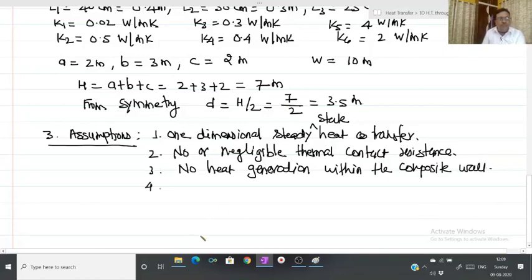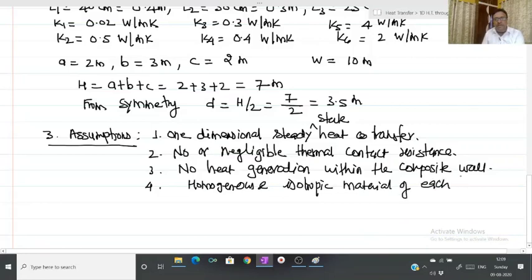Number four, homogeneous and isotropic material of each layer of the solid slab.